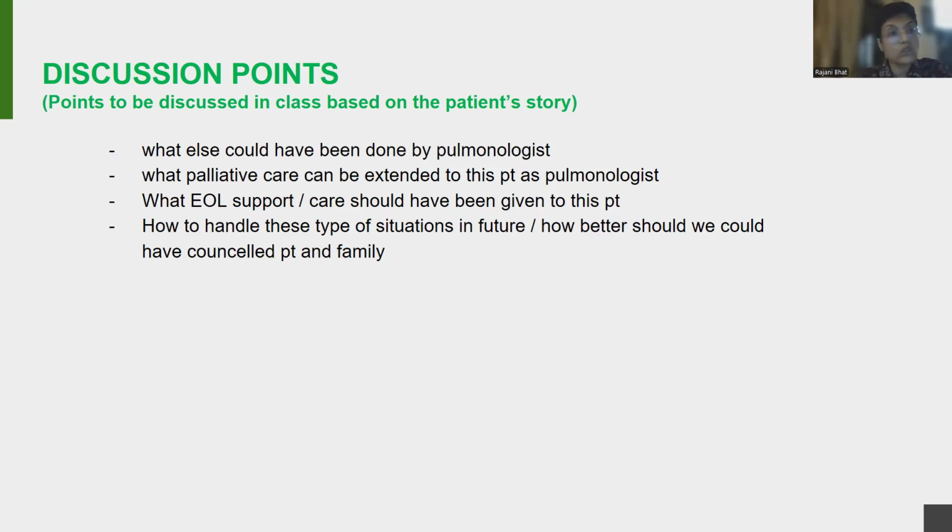So the decision of intubation and ventilation in a non-reversible situation is considered potentially inappropriate or non-beneficial treatment. It depends, in a setup where a patient is financially draining themselves for chemotherapy and stuff. This is also financial toxicity. So maybe letting a patient's family members know that you have done the best you can.